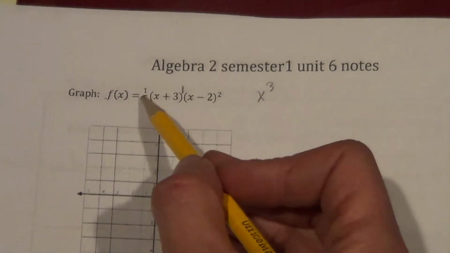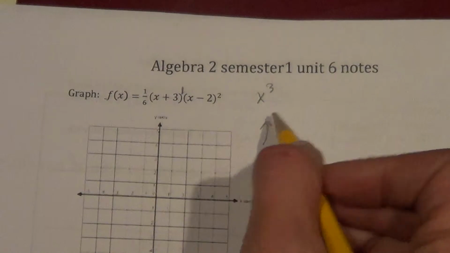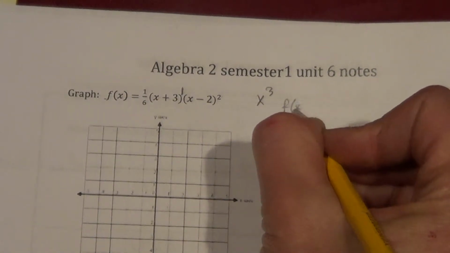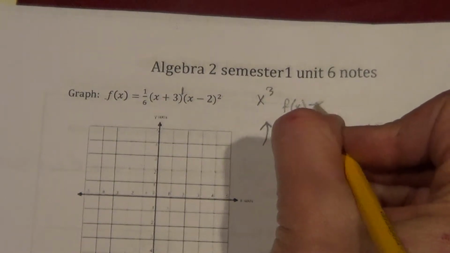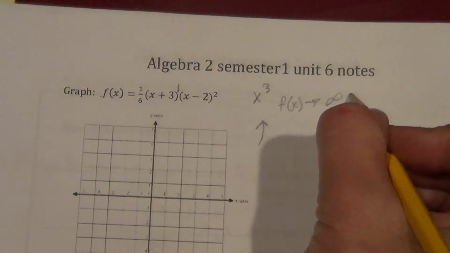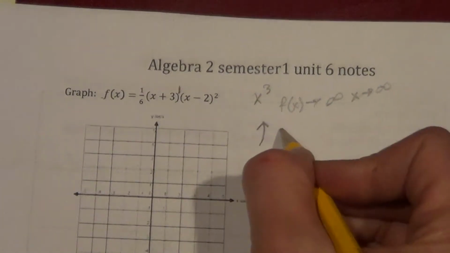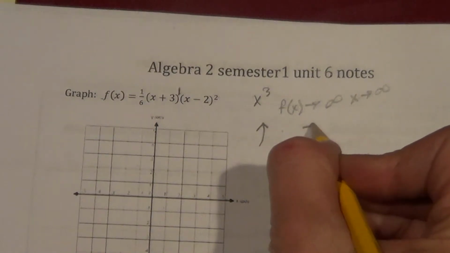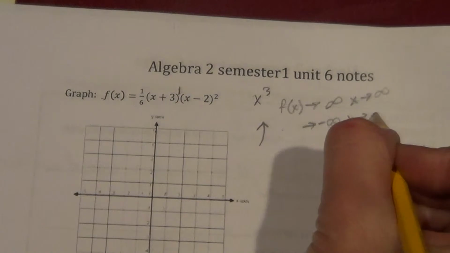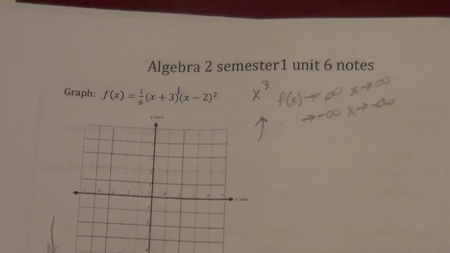Remember, on an x cubed, when it's a positive function, the end behavior is as x approaches infinity, f of x approaches infinity. And likewise, as x approaches negative infinity, f of x approaches negative infinity. So we see the end behaviors doing this.